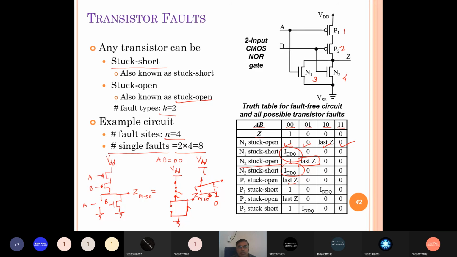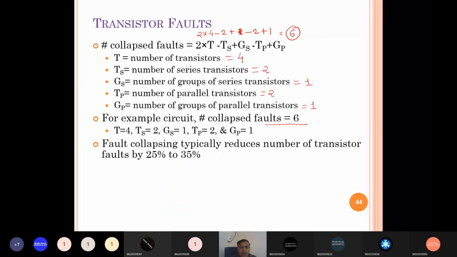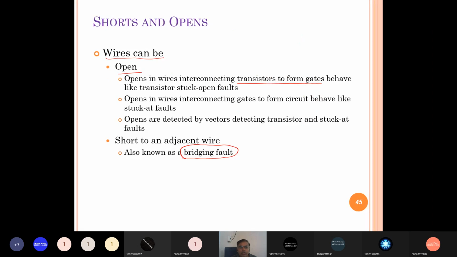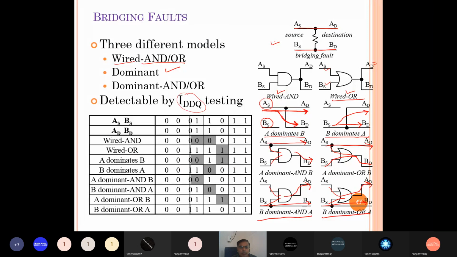Then we have seen the different types of transistor faults, transistor short fault, transistor open fault, and how to detect the transistor short type of fault, and how to detect the transistor open type of fault, and how to calculate the collapsed fault list in transistor fault types. And then we have seen the short and open faults, and at the last the bridging faults, and what the different types of bridging faults can create.